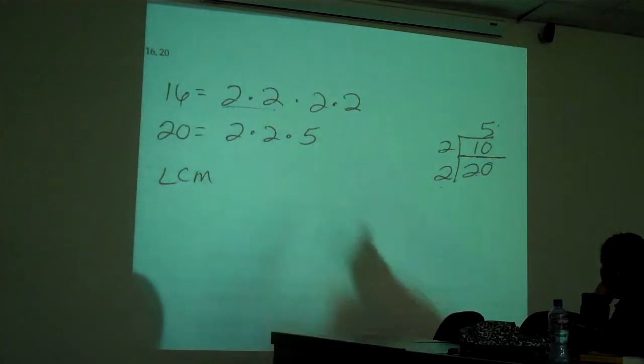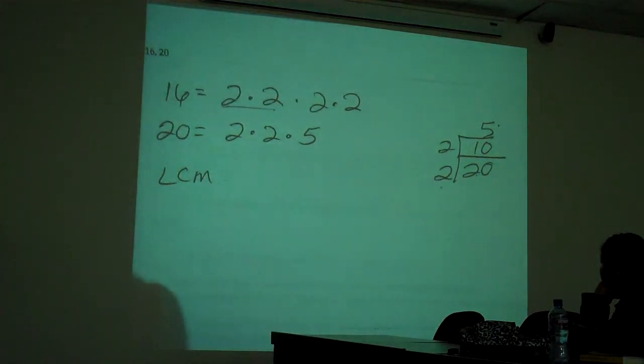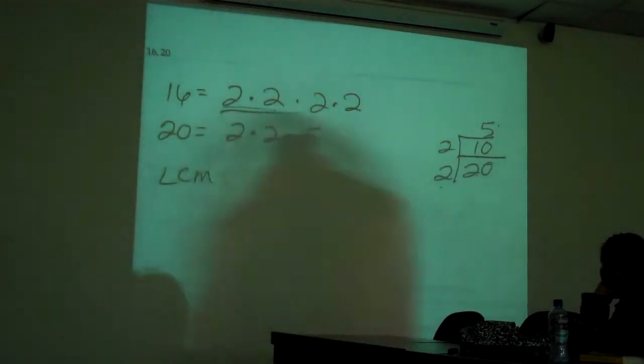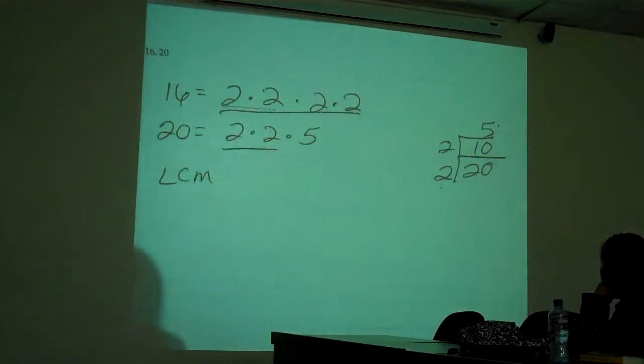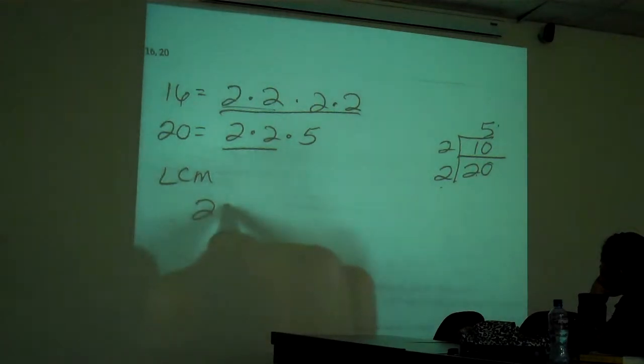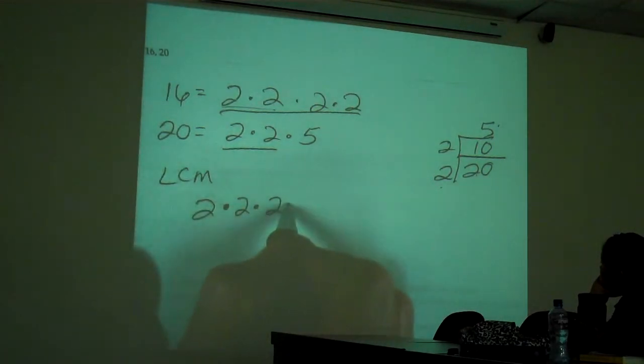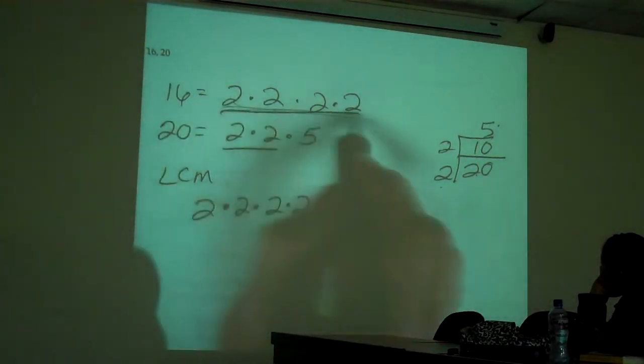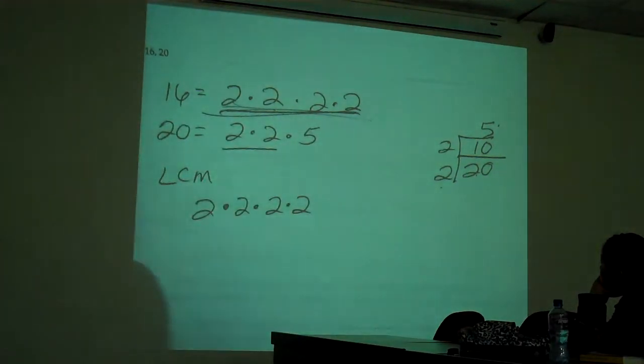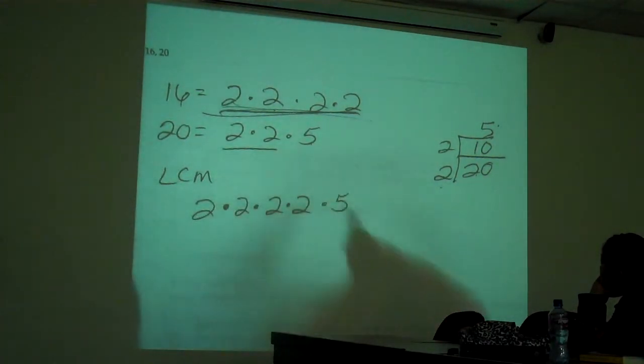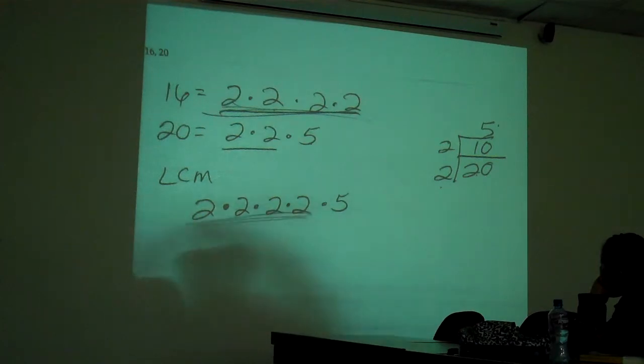Your least common multiple, you need the most. So how many 2's do you need? There's 4 and there's 2. You need 4 of them. The most, you don't need all of them. The most is 4. And then the 5, you need the 5 there. See, 16 goes into it.